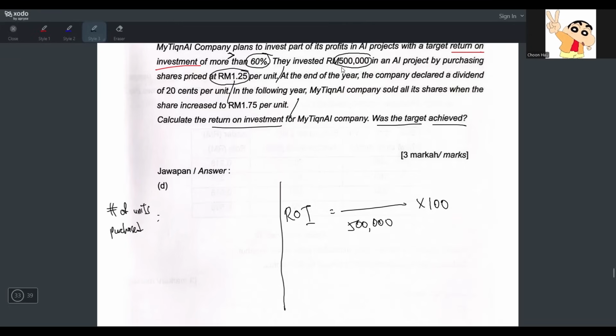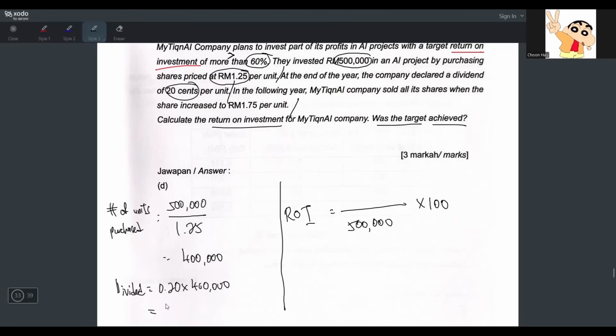They spend 500,000 to buy, but the cost is 1 ringgit 25 cents per unit. So you divide by 1.25 and you get 400,000. That means they bought 400,000 units. And then there's a dividend of 20 cents per unit, so you can get the dividend earned. It's 20 cents for one unit, but there are 400,000 units, so you multiply 0.2 times 400,000 to get the total dividend received.